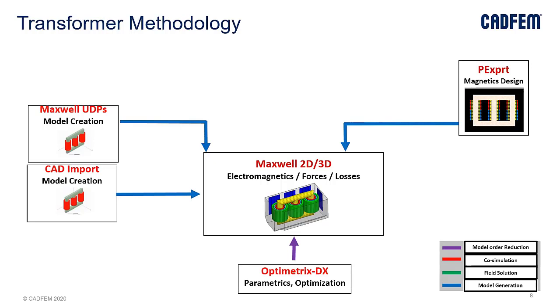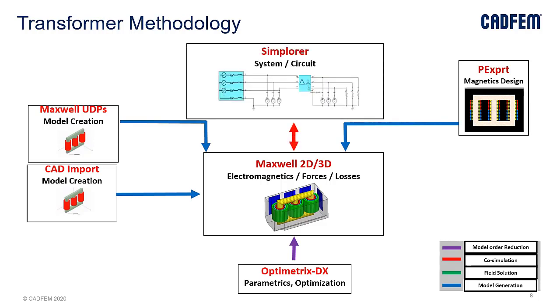And to optimize this complete design, either it might be the power transformer or electronic transformers, we can use the solution called Optimetrics, where you can do the parametric variations. You can create a parameter and vary that, and you can cross verify how it is affecting my transformer outputs. And finally, once you have completed the electromagnetic design, you can export these inductance values to a simpler circuit, which we call system level simulation. It means to understand the complete system behavior, we can export these inductance parameters and cross verify the complete system.